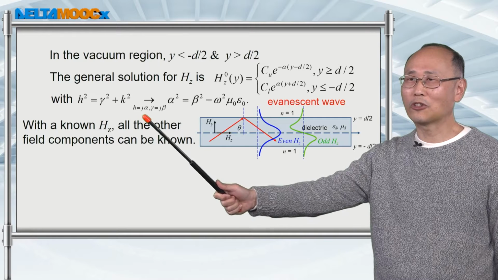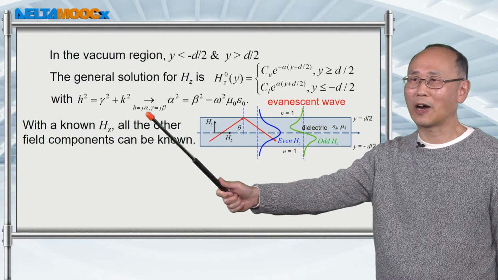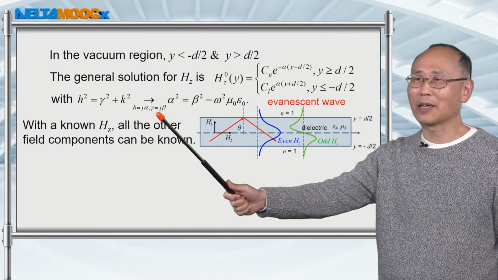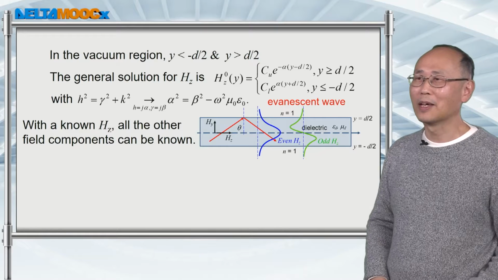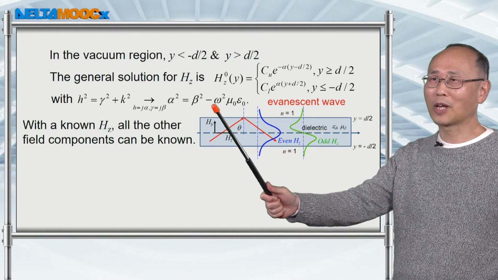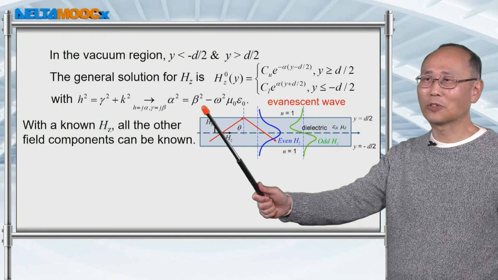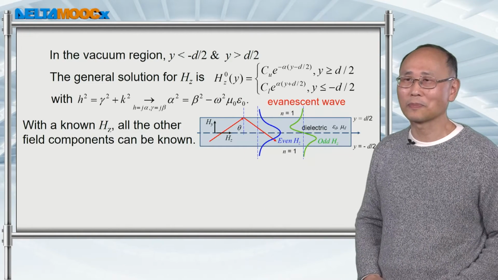You have an attenuation constant along y direction, so h is chosen to be j alpha, and gamma again is equal to j beta, because even though it's an evanescent wave, it still propagates along the Z direction. So you come up with this dispersion relationship for the wave outside this dielectric region.